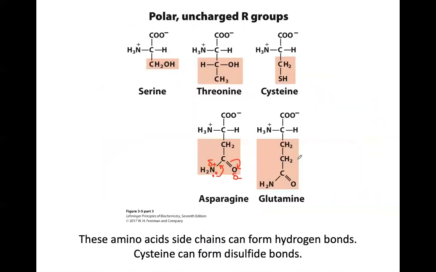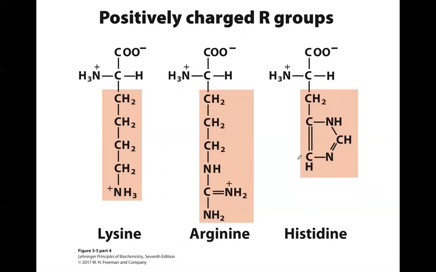All right, and now charged. So we have positively charged R groups and negatively charged R groups. So here's lysine. Remember the abbreviation K because it's right next to L. So it has a long hydrocarbon chain and a positively charged NH3 on the end.